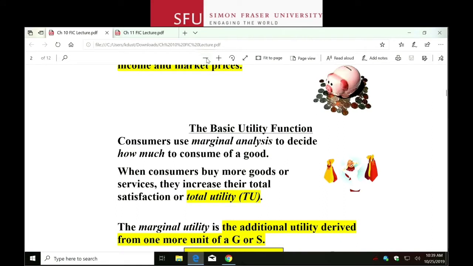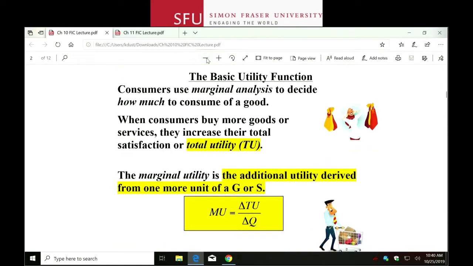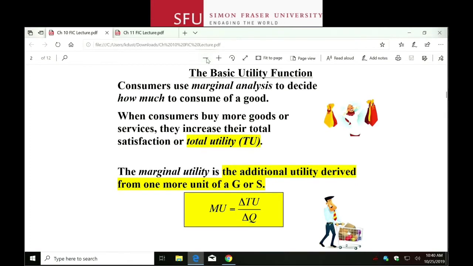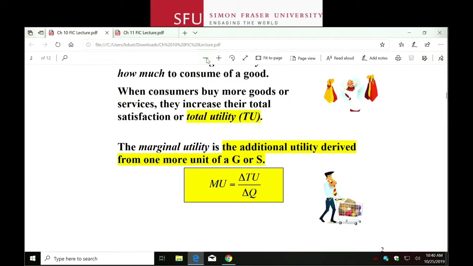So the formula for marginal utility is similar to the formulas for marginal cost and marginal benefit. It's the extra amount, or the change in total utility from one more unit, or from a change in the quantity by a change of one in the quantity.